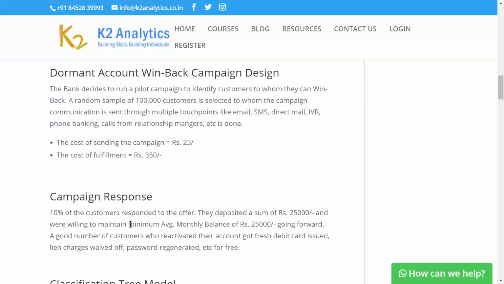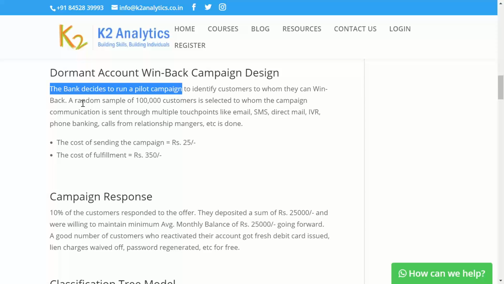Based on the learnings, you then start building a campaign on a larger base. So the bank whose case study we are discussing decided to execute a pilot campaign.